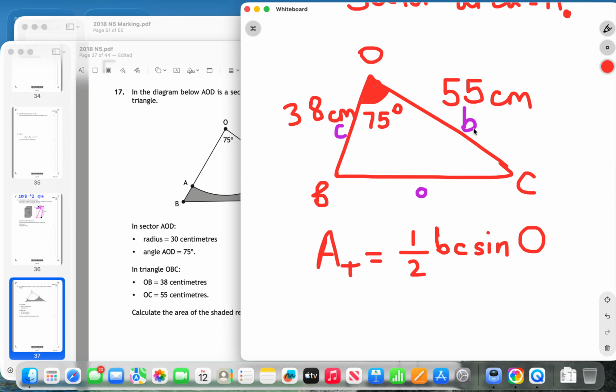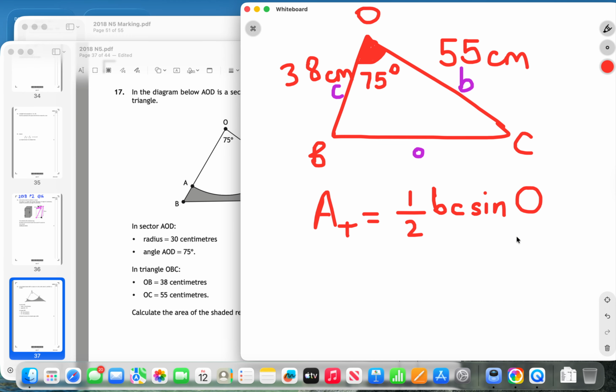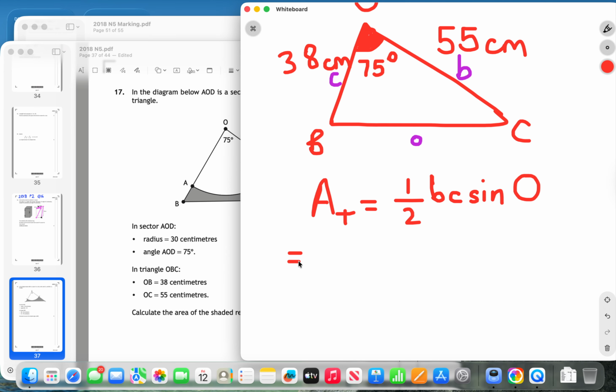Remember, sides are the small letters and the capital letters are the angles. So our b is 55, our c is 38, and the sine of O, well, O is 75, so we put times the sine of 75.